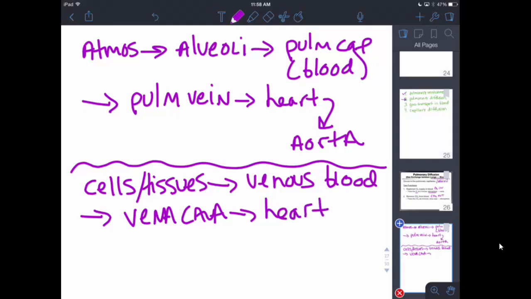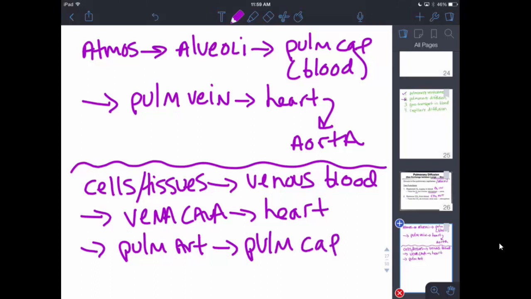From there it goes to the right ventricle. From the right ventricle it leaves the heart through the pulmonary artery and ends up in the pulmonary capillaries, which surround the alveoli, and diffusion occurs, and the CO2 ends up in the alveoli, and then we exhale it into the atmosphere.